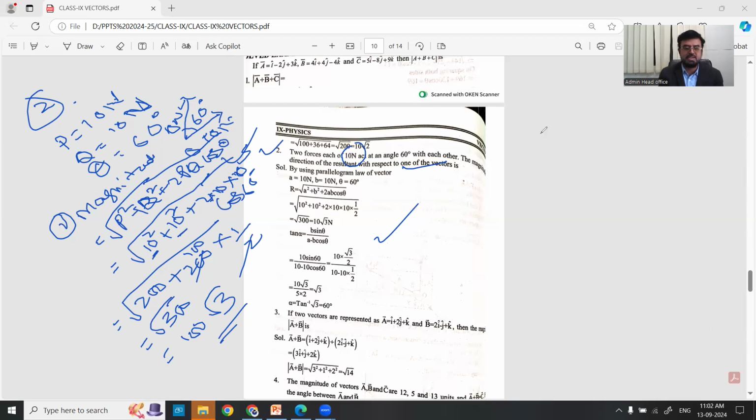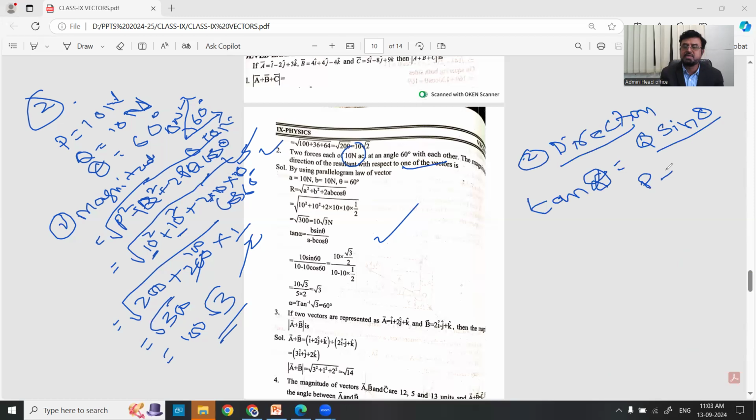So the second part is direction. Direction of the given data is given by tan alpha, you can say, is equal to Q sin theta by P plus Q cos theta.